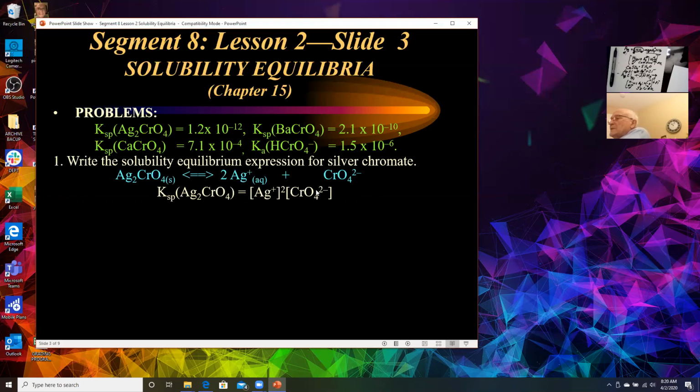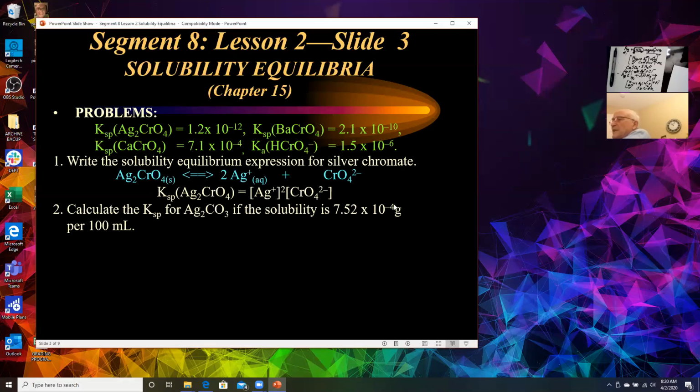So that product, [Ag+] squared times this, is going to always be equal to 1.2 times 10 to the negative 12, unless we change temperature, of course. What is the Ksp of silver chromate if the solubility of silver chromate is 7.52 times 10 to the negative 4th grams in 100 milliliters?